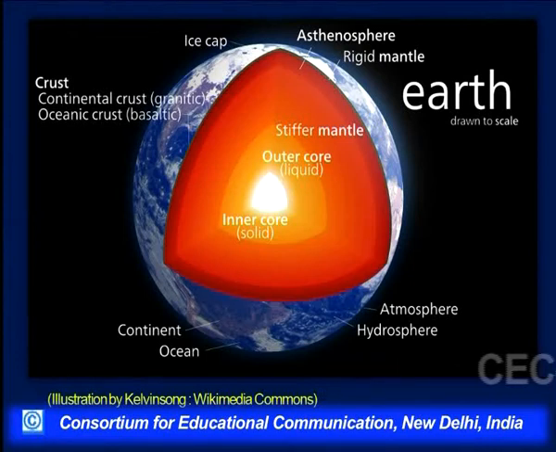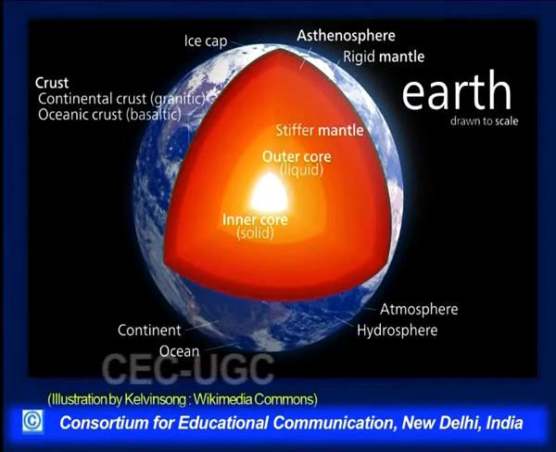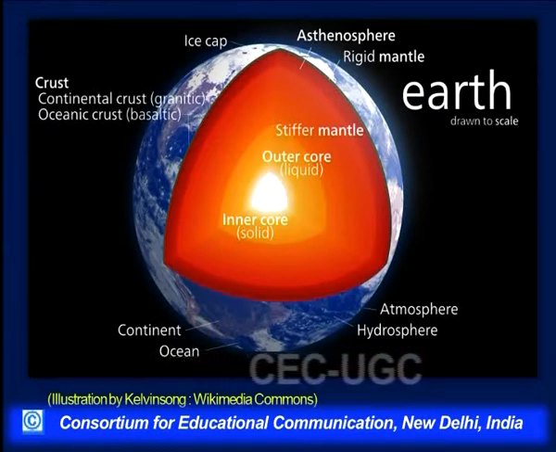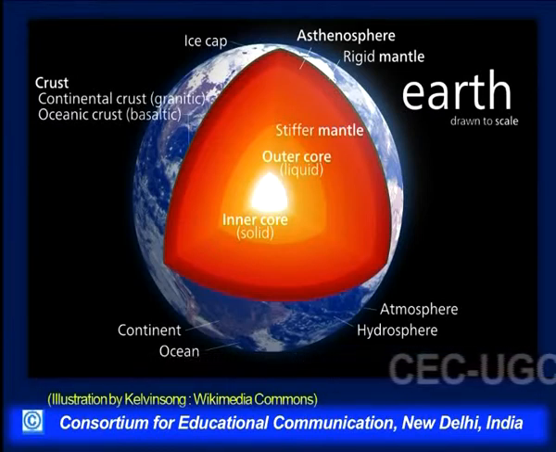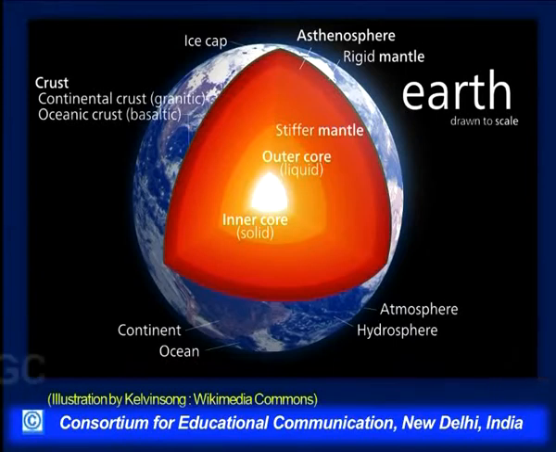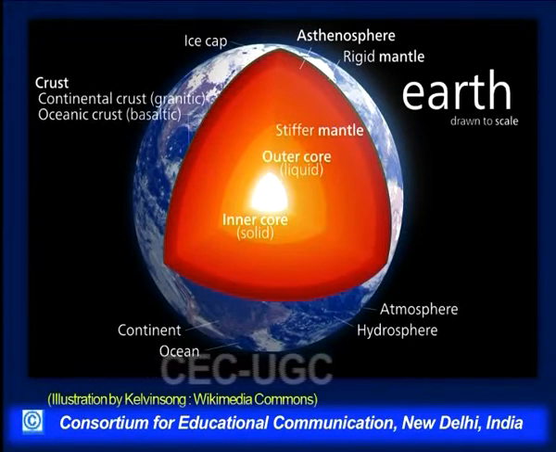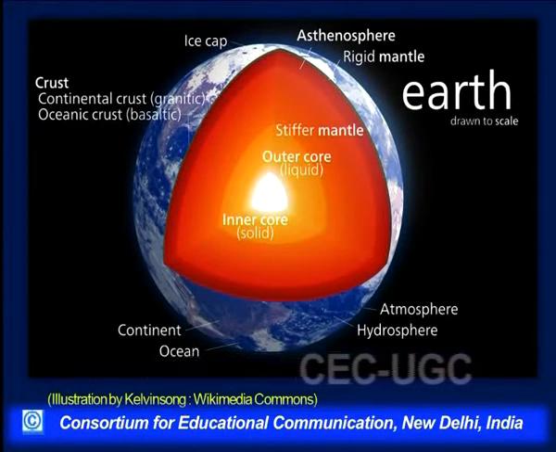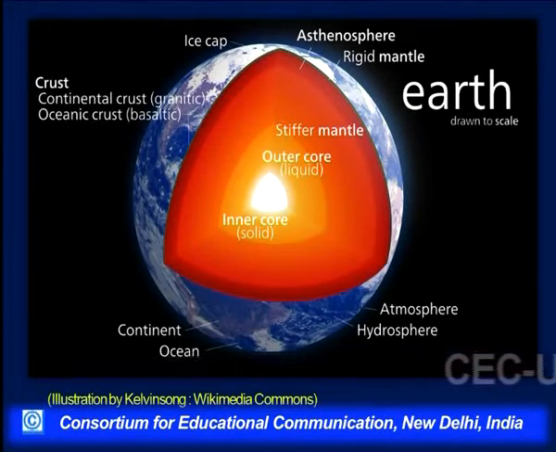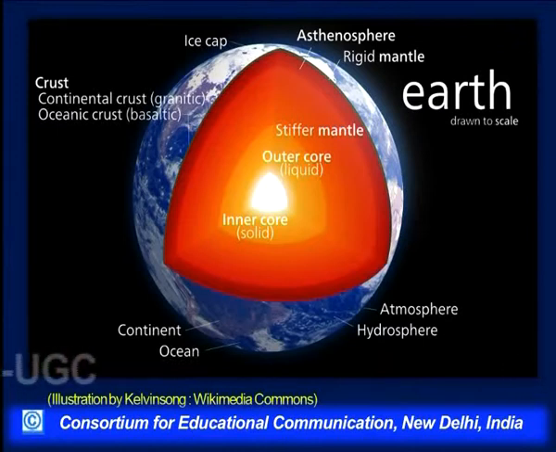Then in the earth's crust, there are two types: continental crust, which is more granitic in nature, and oceanic crust, which is more basaltic in nature. After that, the asthenosphere comes.